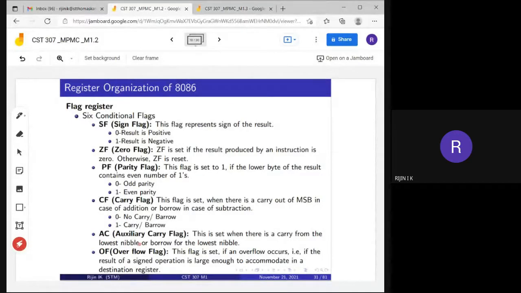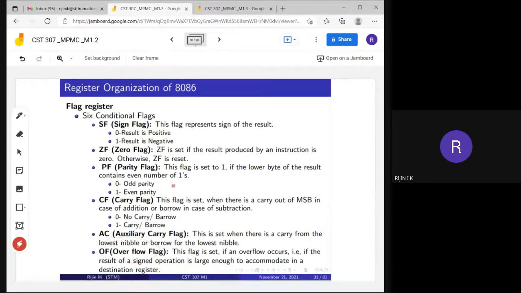The next one is the auxiliary carry flag. This is set when there is a carry from the lowest nibble in an arithmetic operation. If there is a carry or a borrow in the lowest nibble, then the auxiliary carry flag will be set. Then the last conditional flag is the overflow flag.